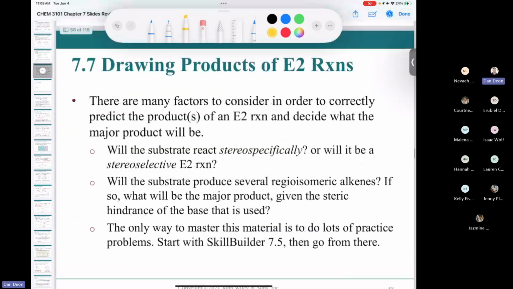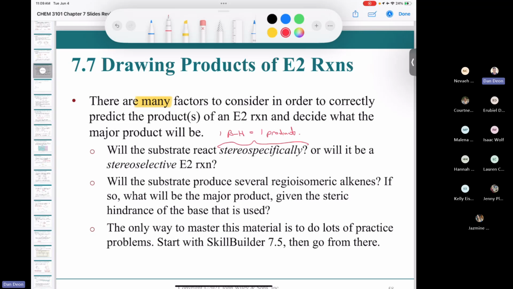So when we're drawing products of E2 reactions, what's our conclusion? There's many things that we have to consider. Cause legion, for we are many, right? Anyhow, you have to consider, is the reaction going to be stereospecific? If it's stereospecific, you've got one beta proton, and therefore you get one product.